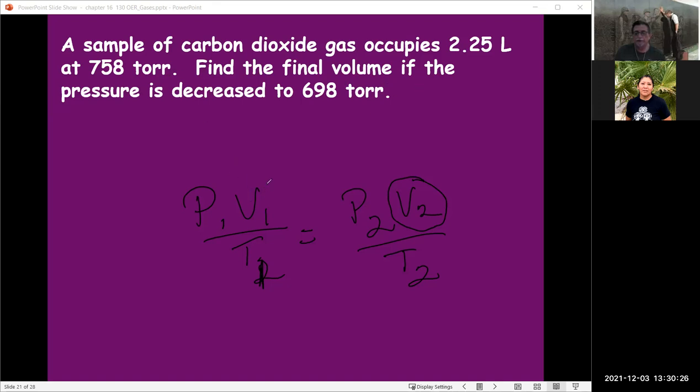They're telling us the initial volume is 2.25 liters and the pressure is 758 torr. Okay. And the second pressure is decreased to 698 torr. Okay, you can see that the temperatures are not mentioned here, so we can cancel those guys out.